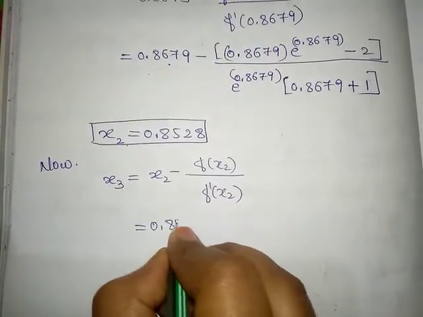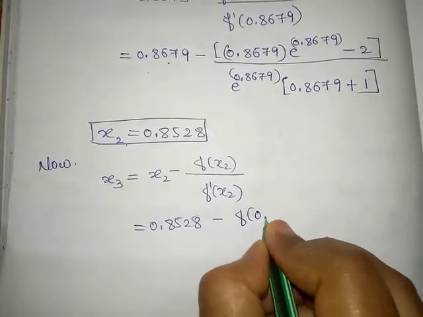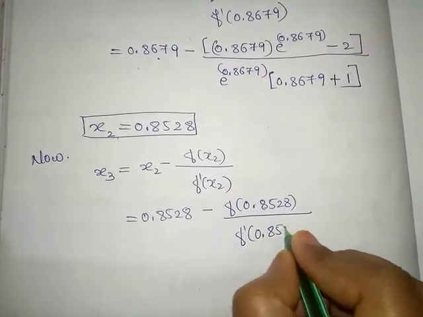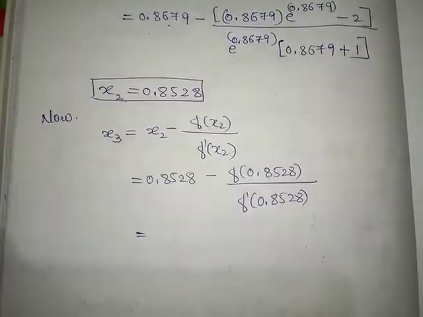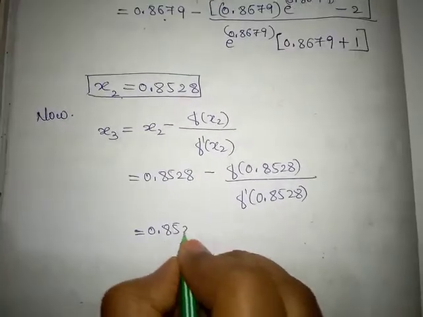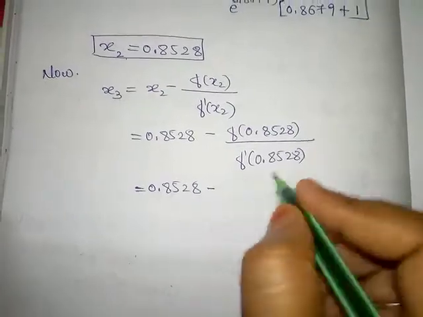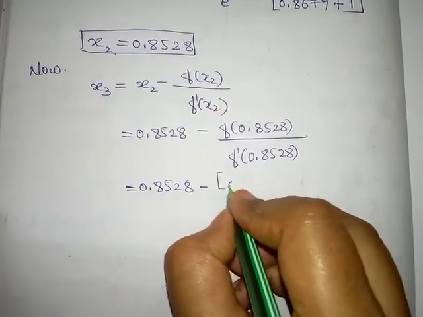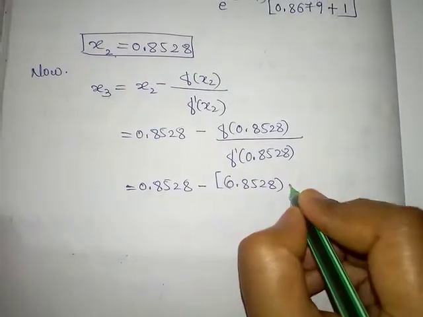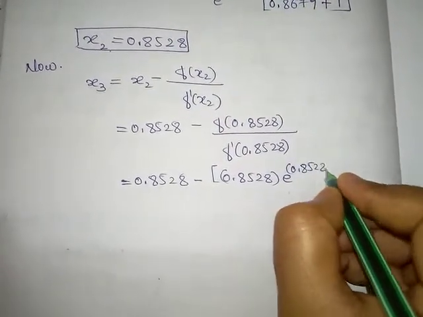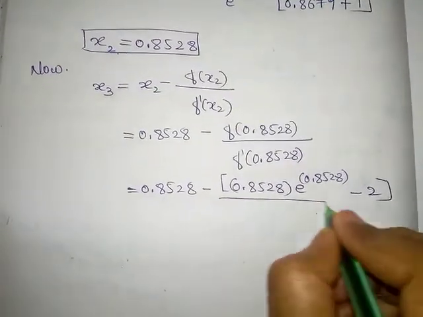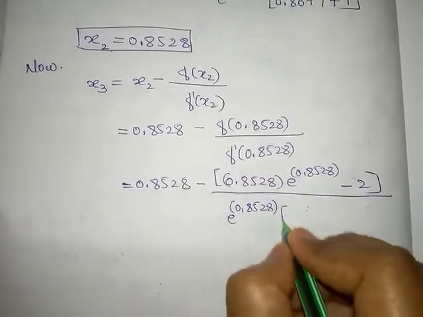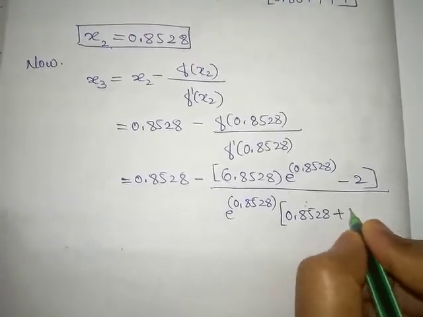Here x2 is 0.8528 minus f of 0.8528 divided by f dash of 0.8528, which is equal to 0.8528 minus, here x into e raised to x is there, so 0.8528 into e raised to 0.8528 minus 2 whole divided by e raised to 0.8528 into (0.8528 plus 1).